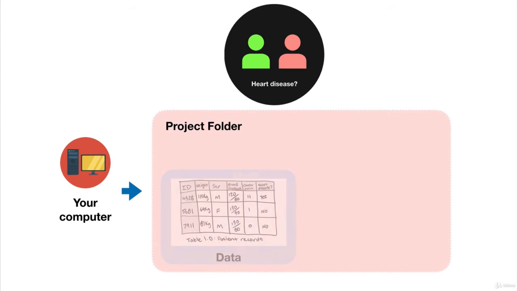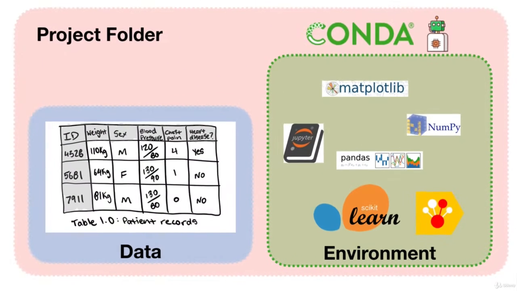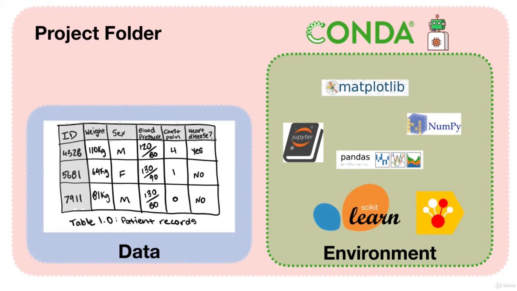A workflow for our classifying heart disease project might involve starting with our computer and then creating a project folder which contains the data we're using, patient records, and the tools we're using for our machine learning project. After a little bit of experience, we know there's a collection of tools we might want to use, such as pandas and matplotlib for data analysis.